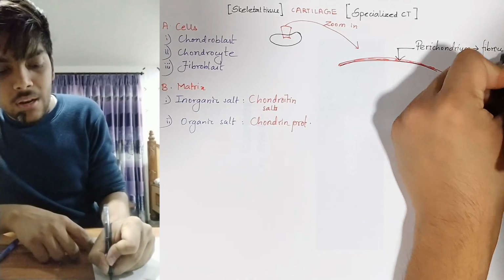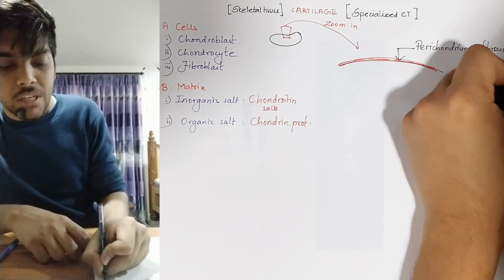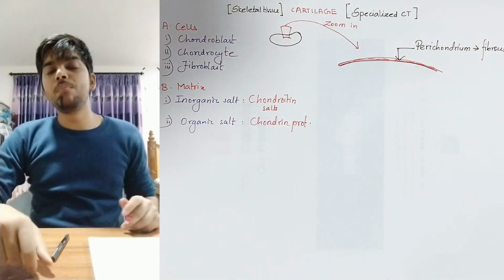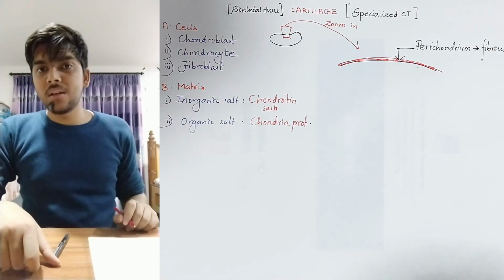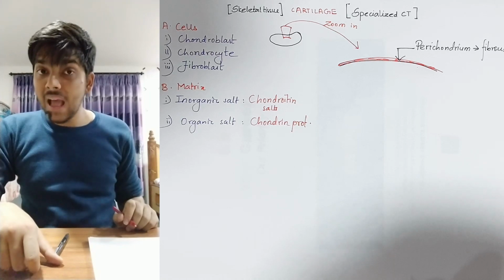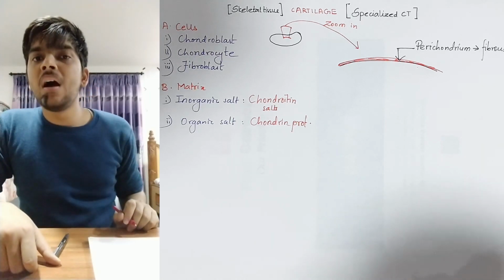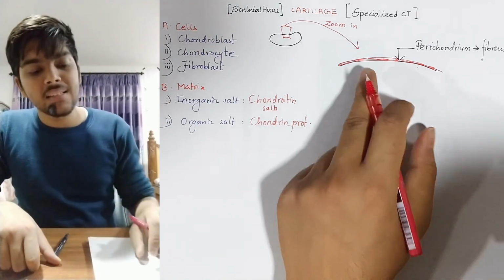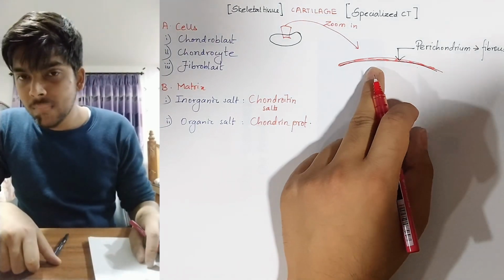This as well is made up of fibrous tissue, so it provides protection. In case of bone, there were two layers, the outer periosteum and the inner endosteum. However, in cartilage, there is the presence of only one layer, and that is perichondrium.